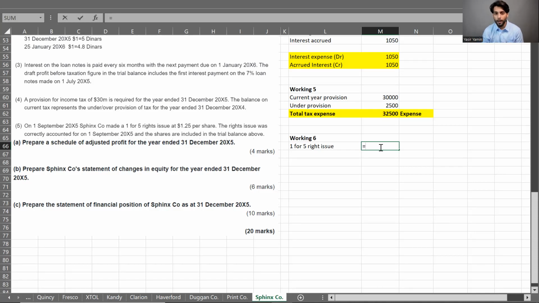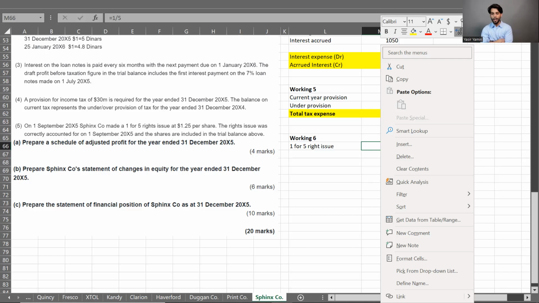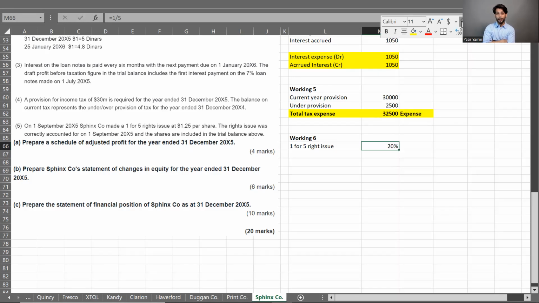How did we come up with 20%? It is 1 divided by 5. For every 5 shares, we issue 1 new share. So 1 divided by 5 is 0.2, which is 20%. So a 1 for 5 rights issue is basically a 20% issue.